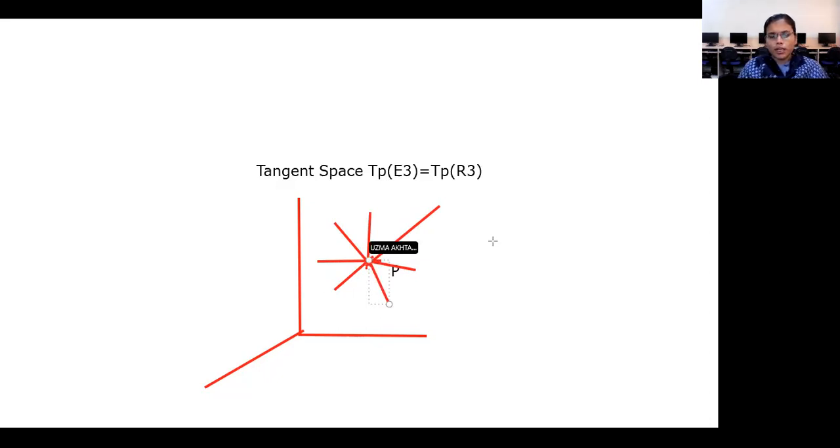So I can draw many lines which are passing through point P.